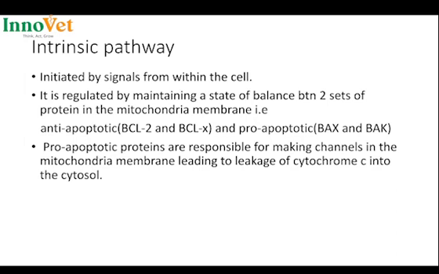So when the need for apoptosis arises, the anti-apoptotic proteins will be blocked, hence giving way for the pro-apoptotic proteins to go and create channels within the membrane of the mitochondria. So the pro-apoptotic proteins are responsible for making channels in the mitochondrial membrane, leading to leakage of cytochrome C into the cytosol.